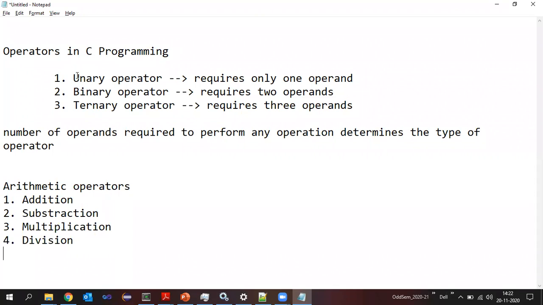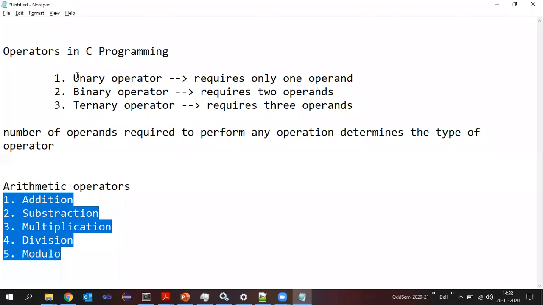In order to find out whether a given number is an even number or an odd number, we performed one type of operation. What type of operator was that? It was the modulo or mod operation. So in C programming, arithmetic operators contain 5 different operations.